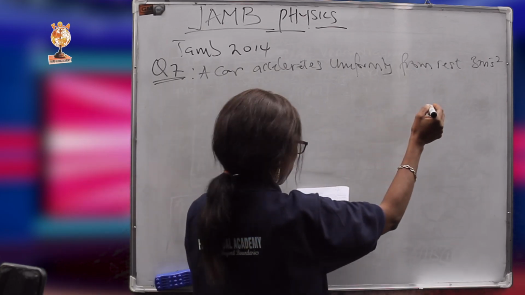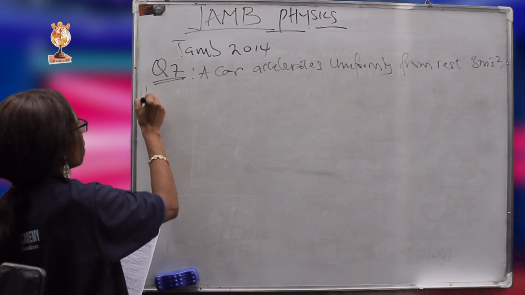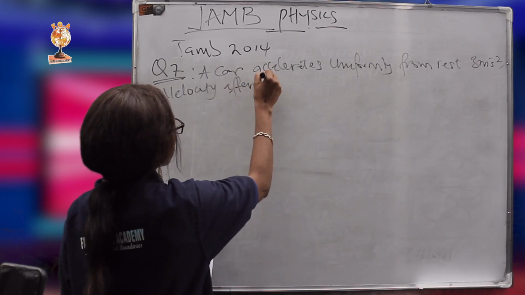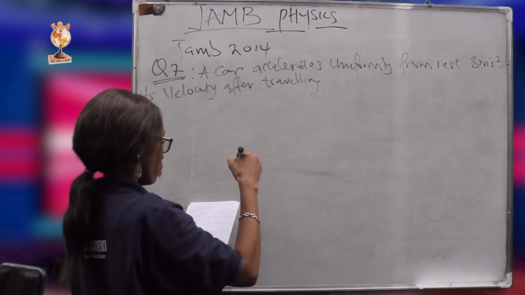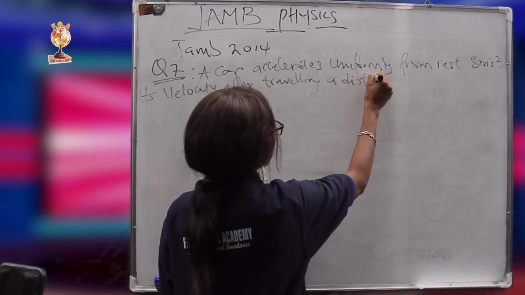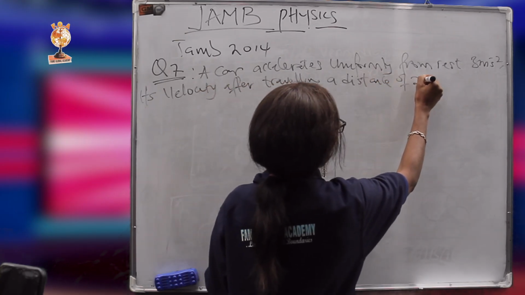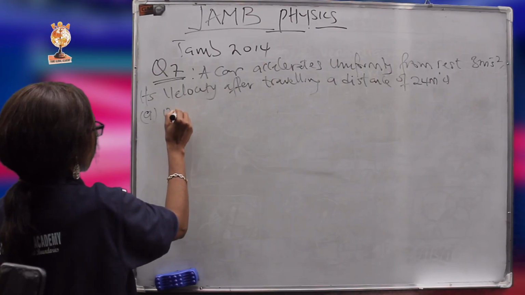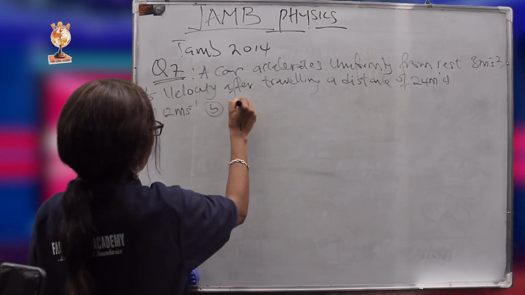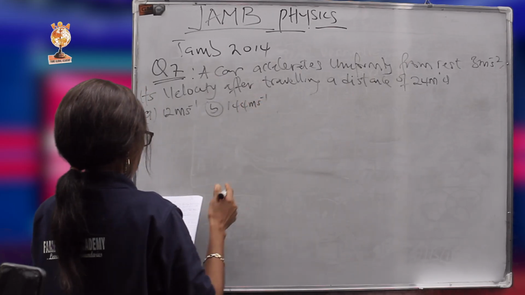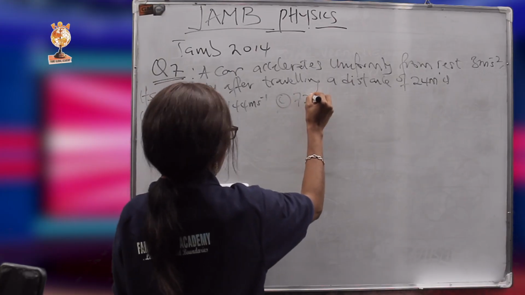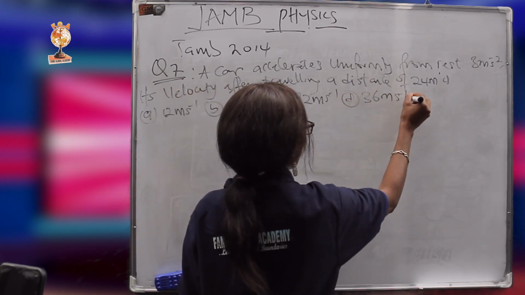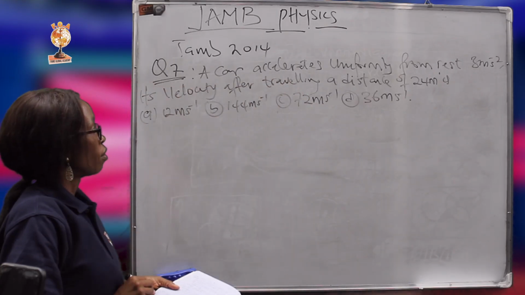Its velocity after a distance of 24 meters is A, 12 meters per second, B, 144 meters per second, C, 72 meters per second, and D, 36 meters per second.